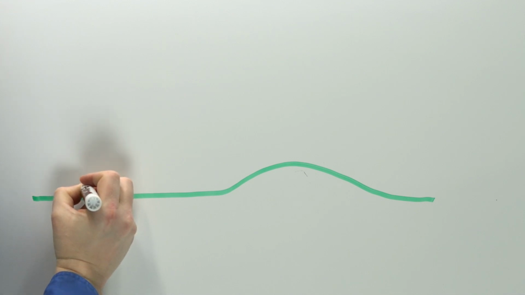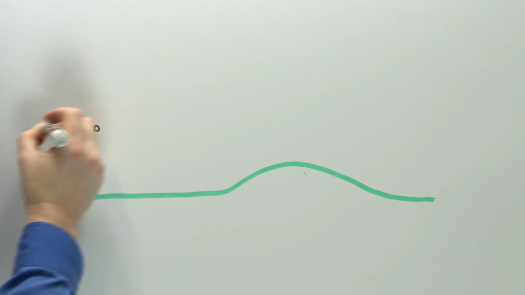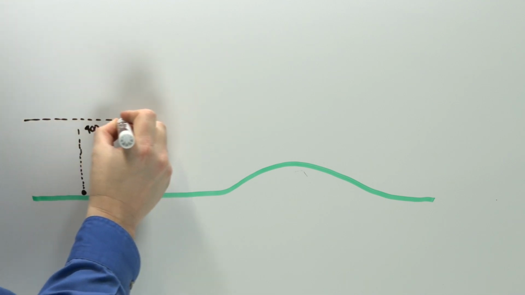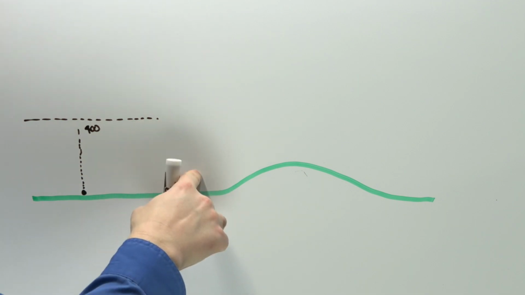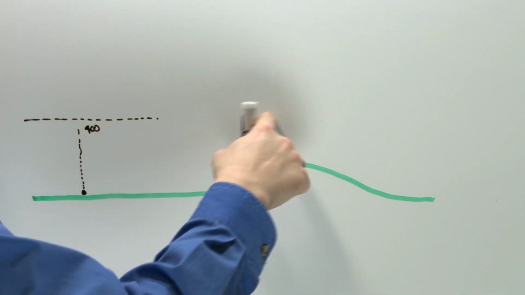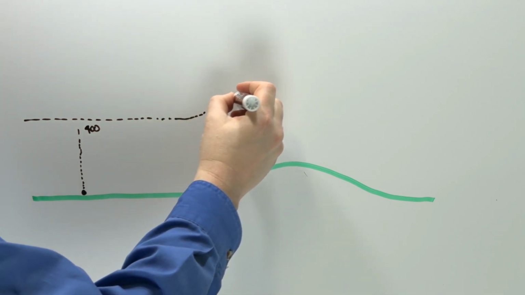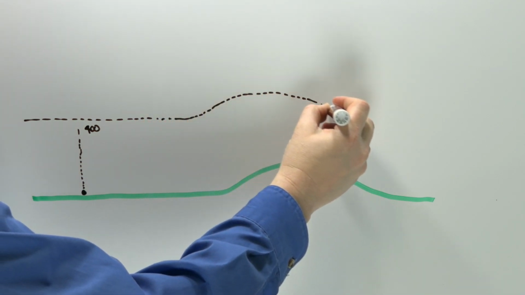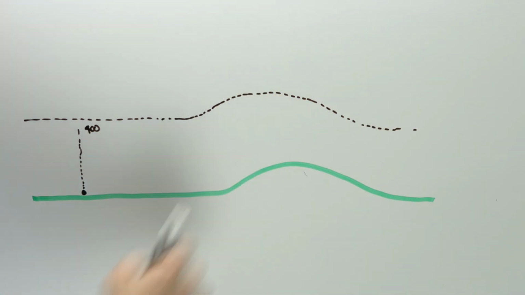So here's the ground, measure upwards, we come to the 400-foot point. So in this case, that would mean we would have this area here that we could fly in. Now, a lot of people forget that because it's above ground level, this actually follows the terrain. So over here, we would actually have it rising above the hill and maintaining that 400-foot AGL marker.